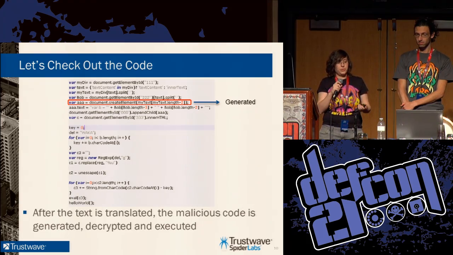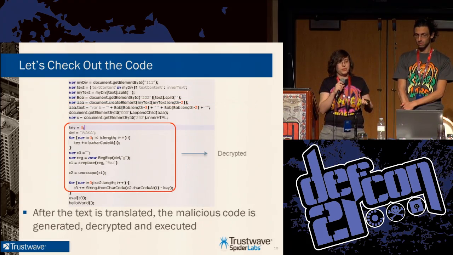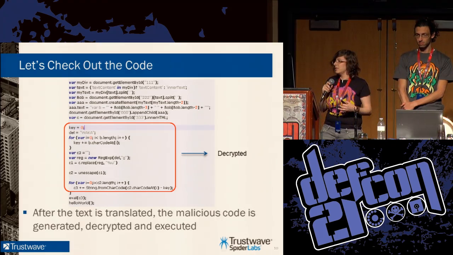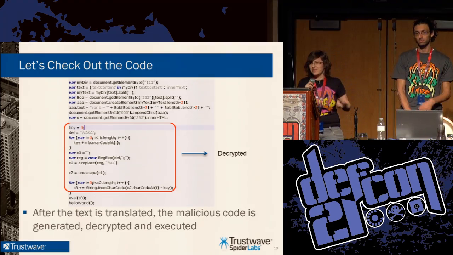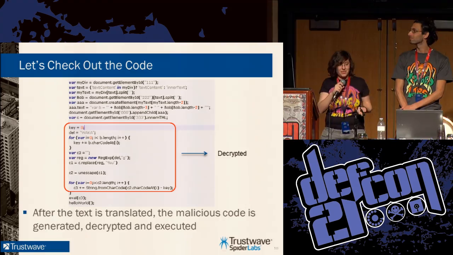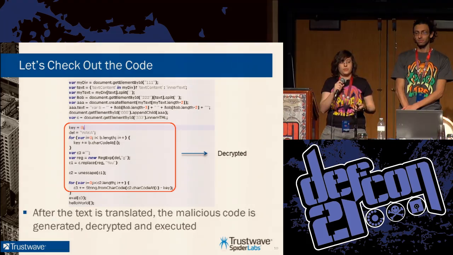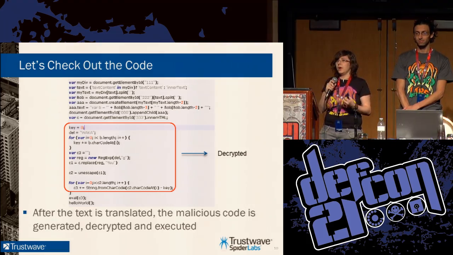Now, the next thing we're going to do is take the key, Bob Marley. We use the exact same code to generate the key and do the deobfuscation because, well, we're lazy and it works. So we'll be using the same concept. What we're doing now is basically decrypting our code using the key Bob Marley, the English string Bob Marley, which again only exists if Google's translation worked on our page.